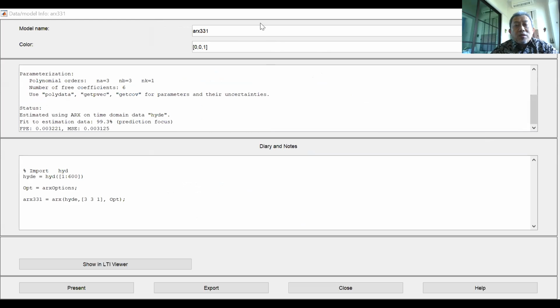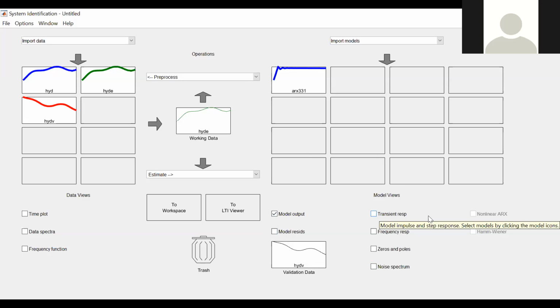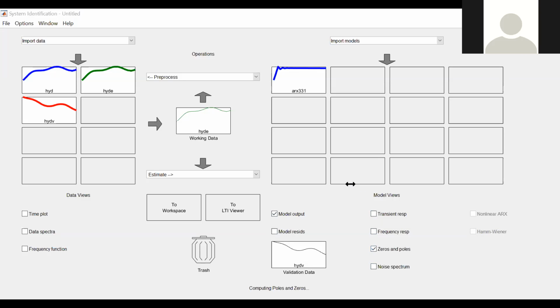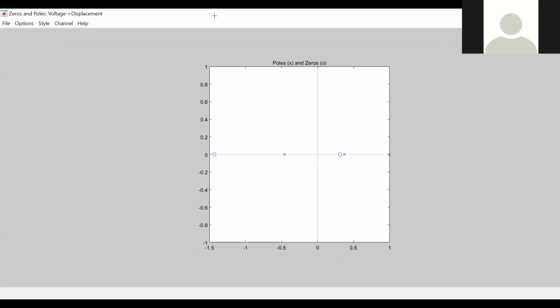Kemudian satu lagi nak tanya Daniel, nak tengok dia punya mapping. Poles and zero mapping kat mana? Dekat bawah model views ada zeros and poles. Klik zeros and poles. Okay. Sini. And then double click the gambar ARX331 again. Okay.